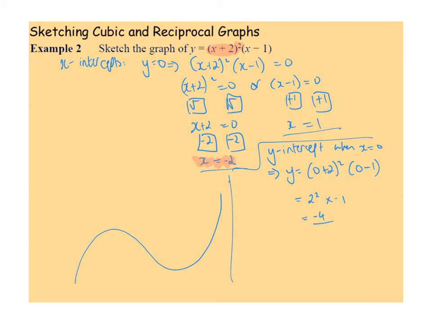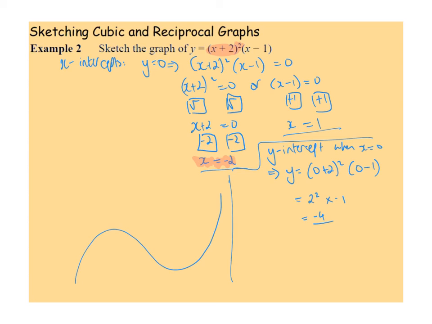Okay, now if I pop my x-axis in, so let me do that. If I pop it in like this, then you can see that this would give me 3 roots, or 3 x-intercepts at 3 different places, and that can't be right.